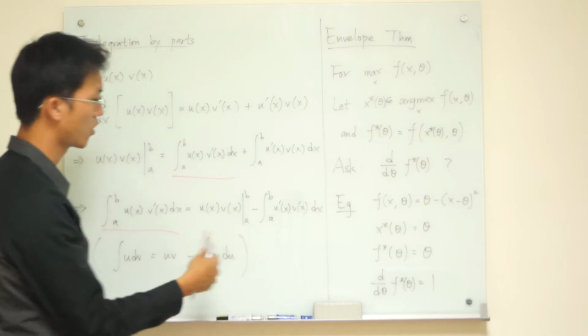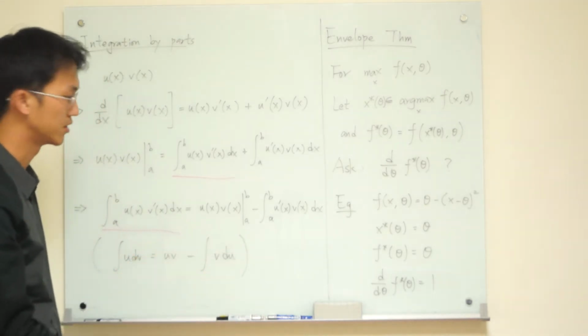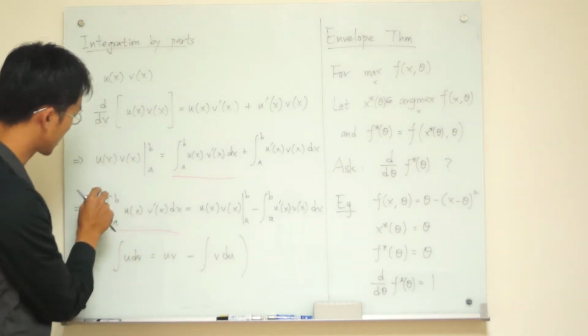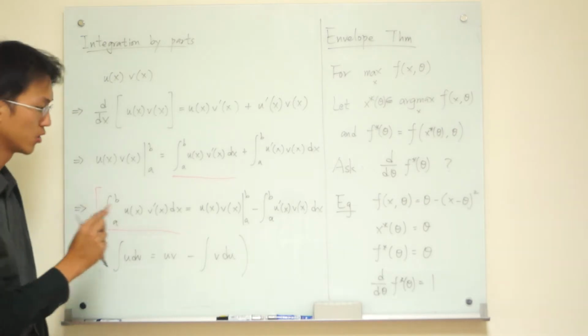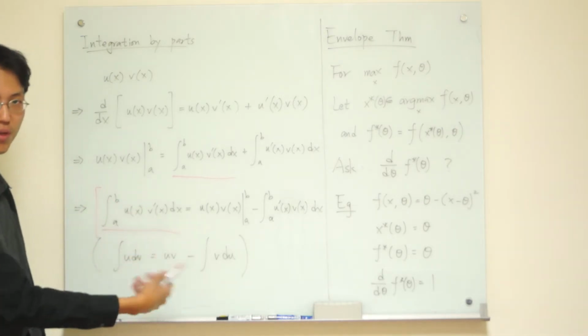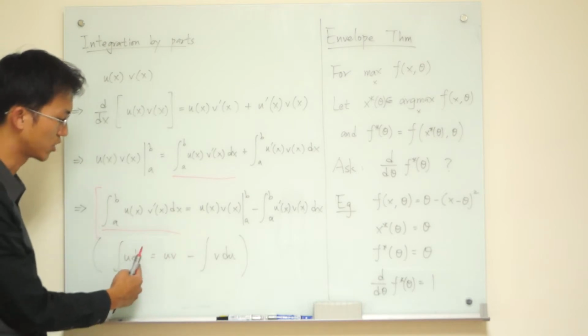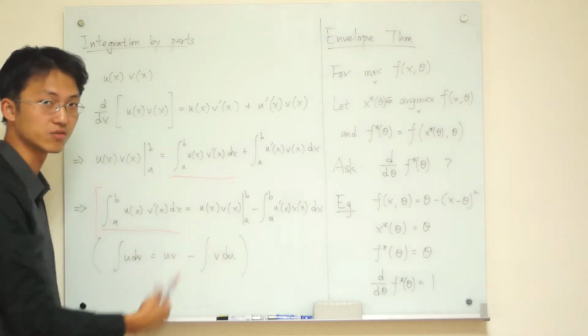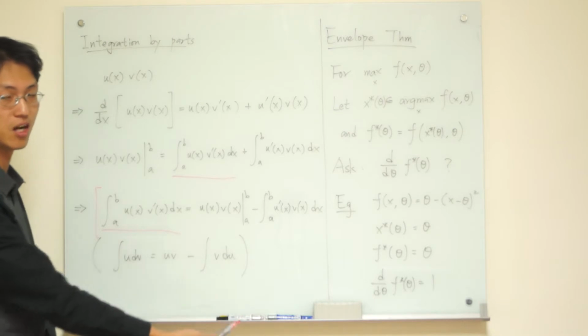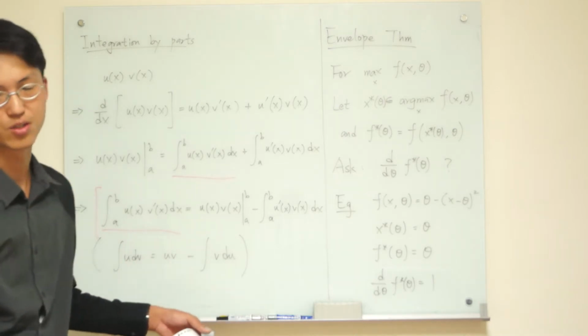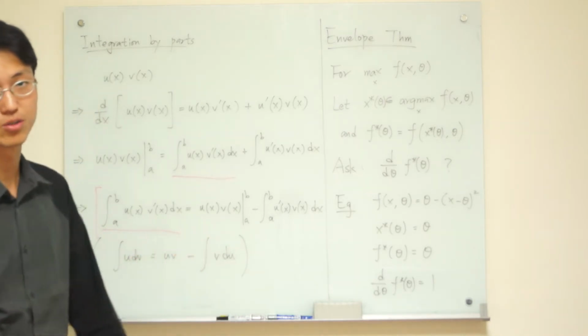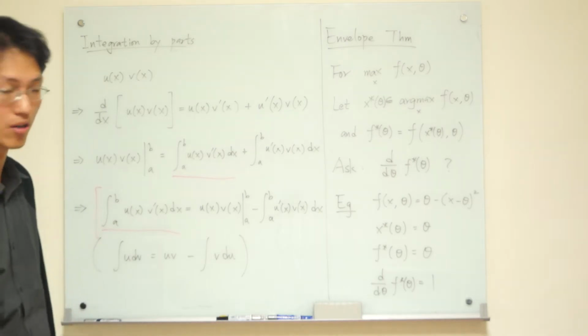This is what we call integration by parts. And while we have this complete formula, we also have an easier way to memorize it. The way to do that is to say u dv equals uv minus v du. This is how people may memorize this integration by parts formula.